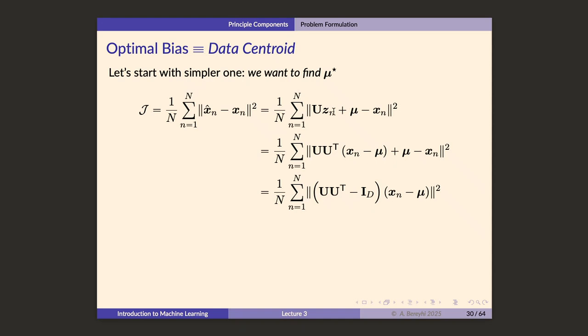So I'm going to replace Zn here with this term. Everybody's clear? Now look at this mu minus xn. Can I write it as minus xn minus mu? Just multiply everything by minus.